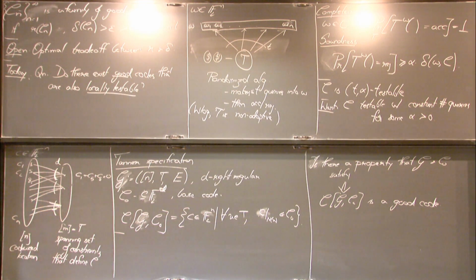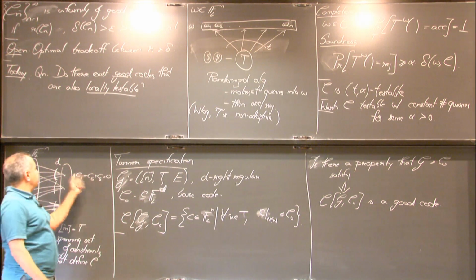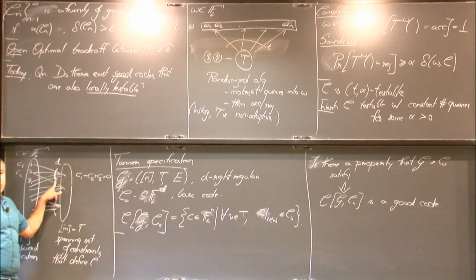So the most natural one that people started looking at is when you just do the XOR, so the base code would have code dimension 1, just all vectors that XOR to 0. And this is a slight generalization. Maybe it will have more vectors, they just need to belong to some specified subspace called C0. Here the subspace C0 was just all even vectors.